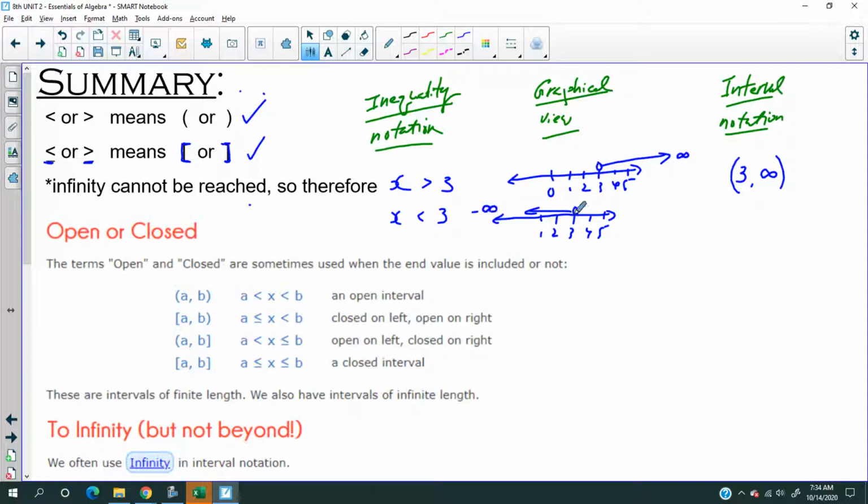It's anything that's smaller than 3. The smaller number is negative infinity, and then 3 is where the circle is. That's open, that's also open. Now there's a way you can graph these two also. So let me show you. If you want to graph this, you can also have a number line.